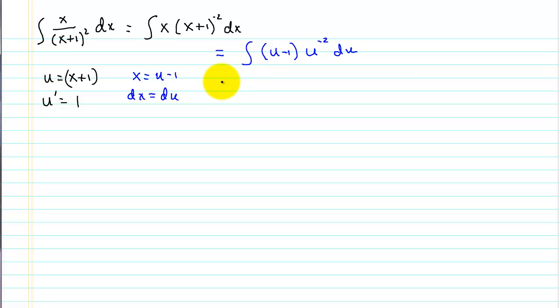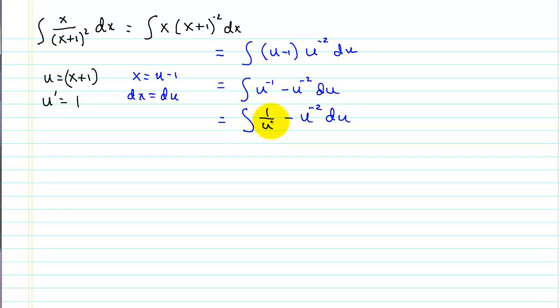Like in the previous example, we can integrate here by distributing. So we get the integral of u to the -1 minus u to the -2. Our power rule does not work for a -1 power, so let's rewrite this into a form we'll recognize.